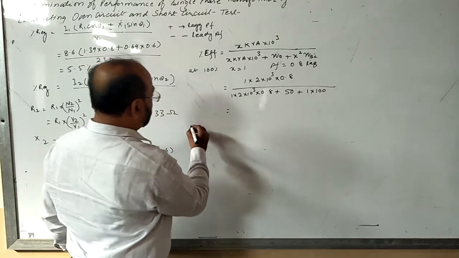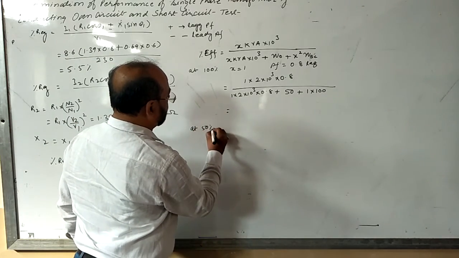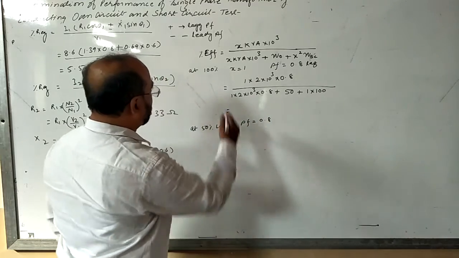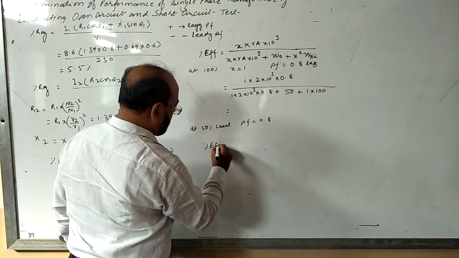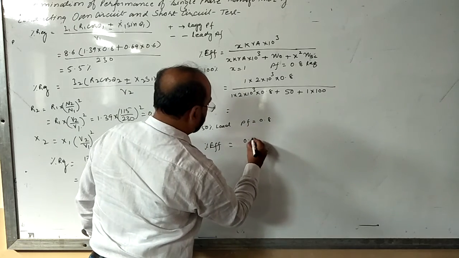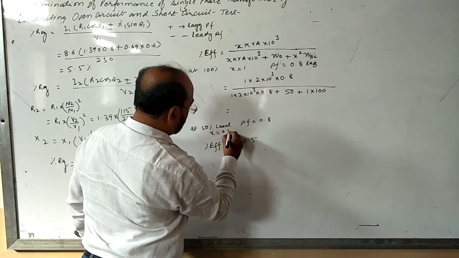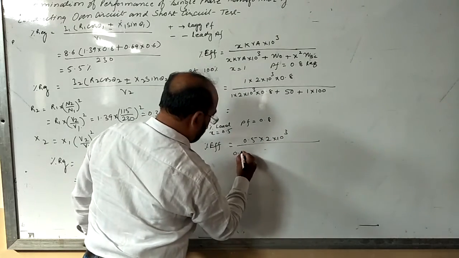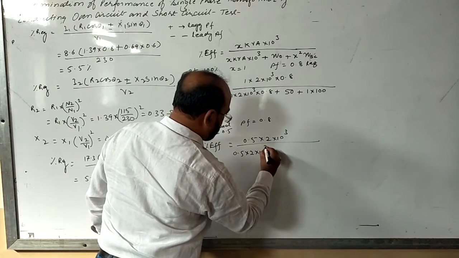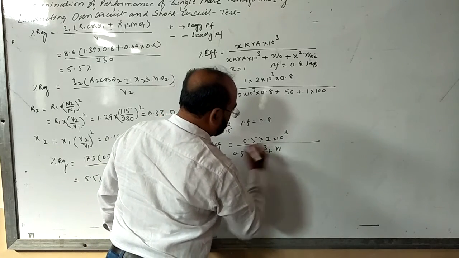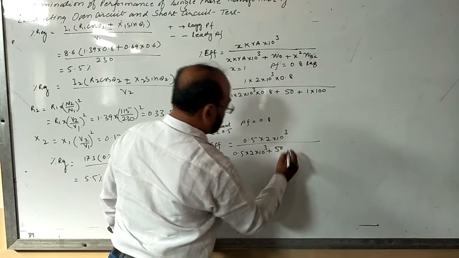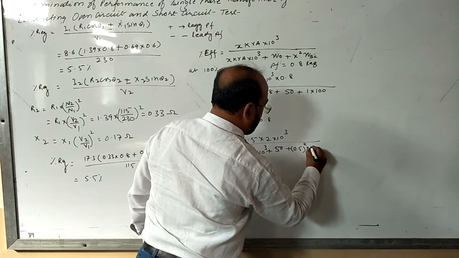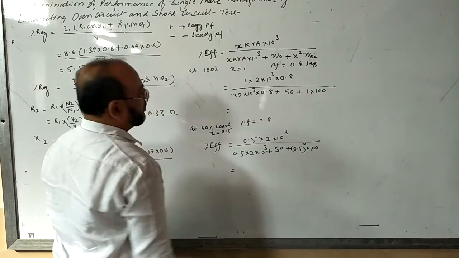Now similarly you can calculate the efficiency at 50% load, and the power factor is equal to 0.8. So again the efficiency is equal to, x is 0.5, multiplied by 2 into 10 raised to 3, divided by 0.5 into 2 into 10 raised to 3 plus W0, which remains as it is, 50, because it is the constant loss, plus x, that is 0.5 squared, multiplied by 100, and it will give the efficiency.